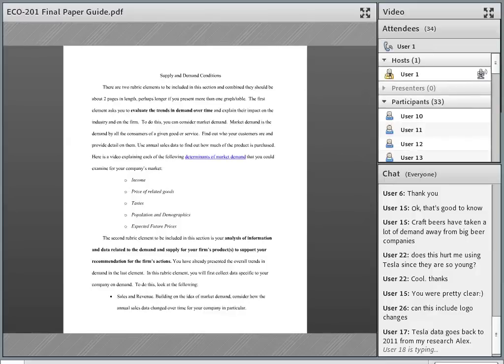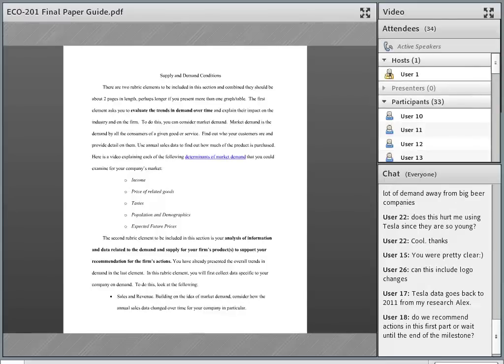All right, so the second rubric element in this section is to analyze information and data related to the demand and supply for your firm's product. This is where we make the switch from looking at the market overall, all electric vehicles, all beer, all solar panels, to looking specifically at your company, the company that you chose.